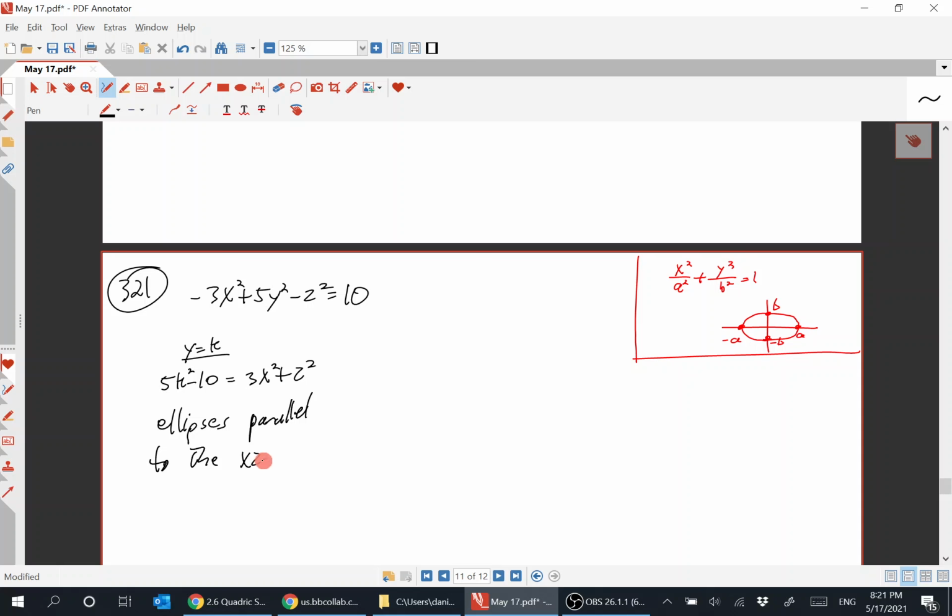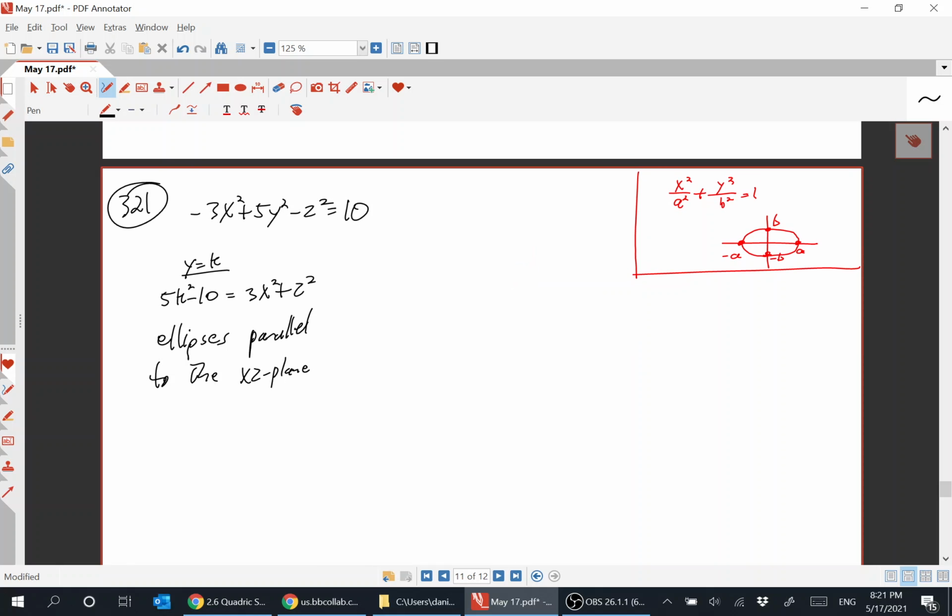Don't get hung up on what that ellipse looks like. It's just something elliptical, and it's parallel to the xz plane. So now the question is, what do the silhouettes of the different ellipses look like? So you zero out some other variable. We'll zero out the x, say.